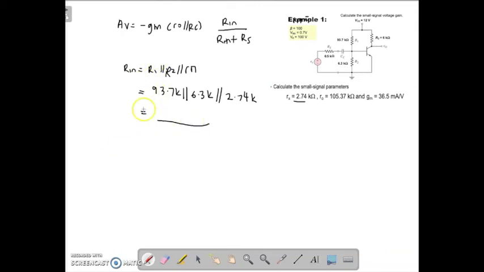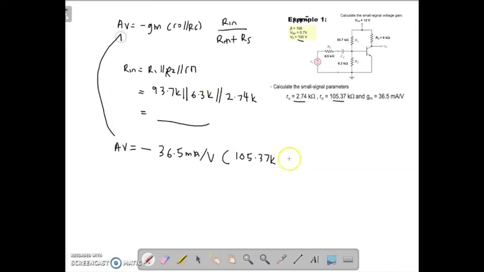Okay, after you find R in, now we can find the value of your gain. So what is Gm here? Gm is minus 36.5 milliampere over volt multiplied by R out. So R out, due to we have the VA here, is 105.37 kilo. This one you refer to this equation.